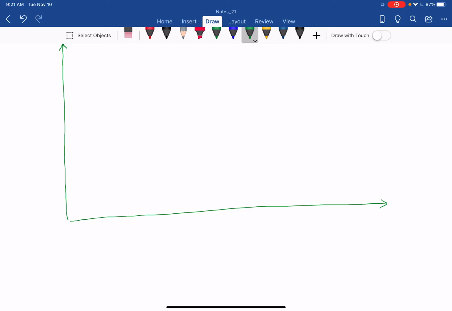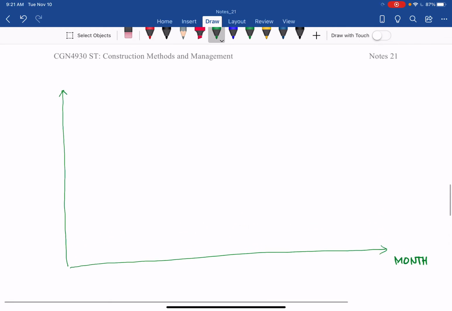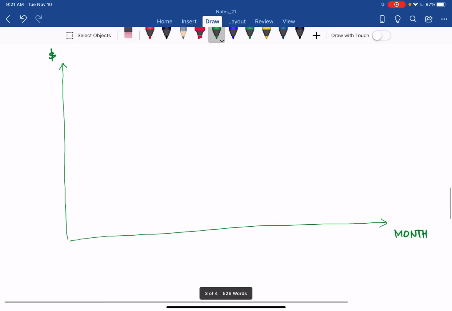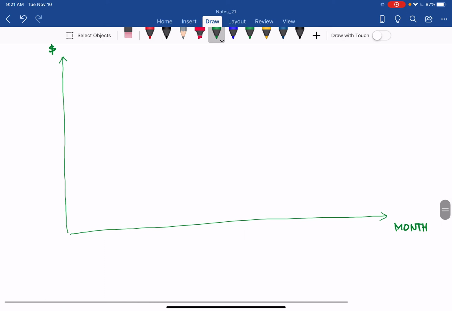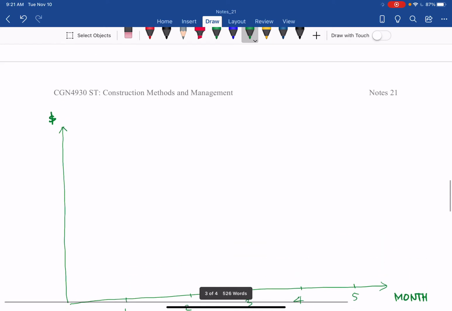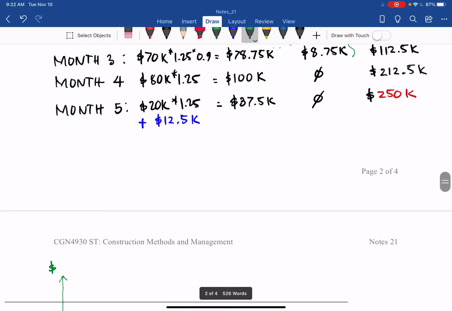So we have month, and we have dollars. With that, for 5 months, we have all the payments applied. So you have 5 months: 0, 1, 2, 3, 4, 5, and the maximum is the contract value, 250.